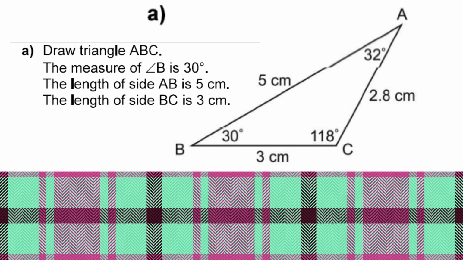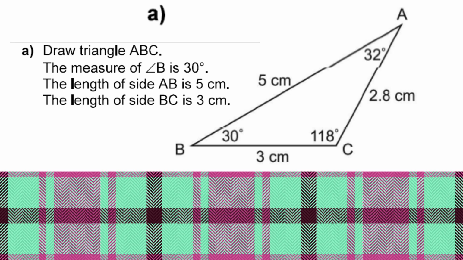Now that you know your angles and you have all of your side measurements listed, you do want to name what type of triangle this is. And we know we can classify triangles based on their sides and their angles. Well, this particular triangle has all different side measurements and all different angles.